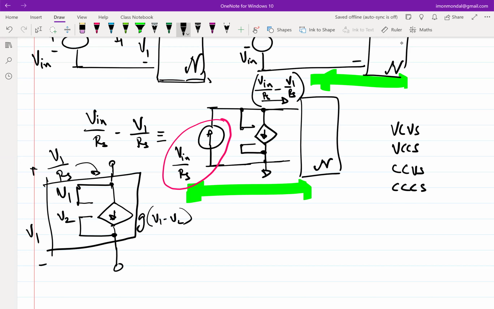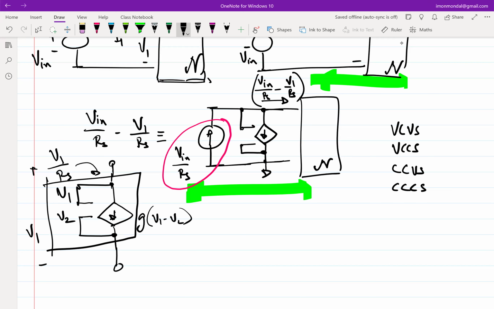It became a resistance because we were able to establish a relationship between the current and the voltage across the same port. In a voltage controlled current source, the output current is not related to the voltage at the same port. In general, the port current depends on a voltage connected somewhere else. If we make the dependency with respect to the same port, then it becomes a resistance, right?